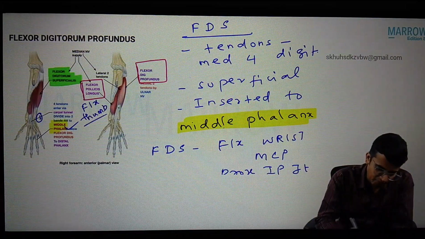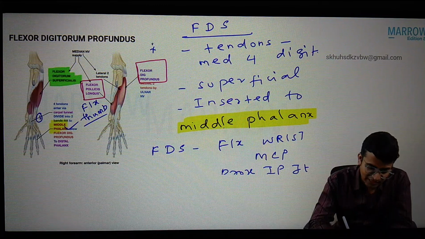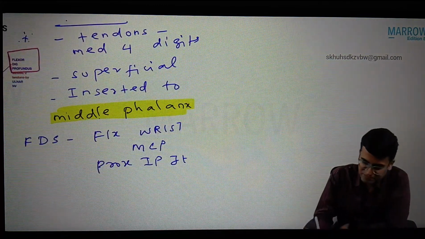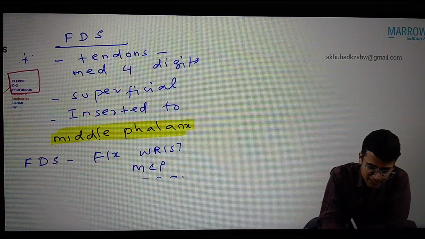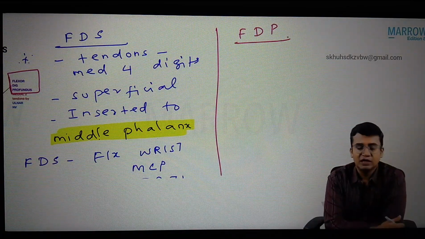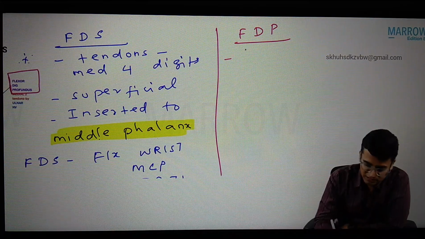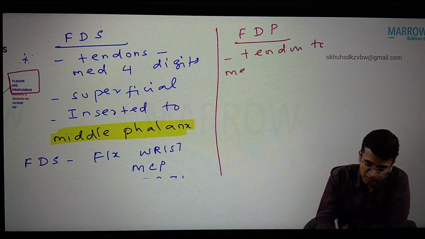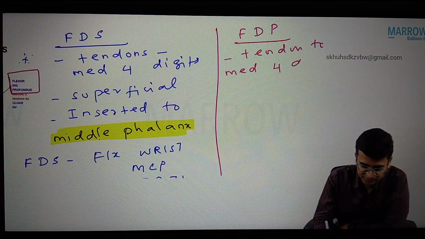What about the FDP muscle? FDP, flexor digitorum profundus, like the FDS muscle. Next, we're going to write the points for FDP. Again, FDP gives tendons to the medial 4 digits.